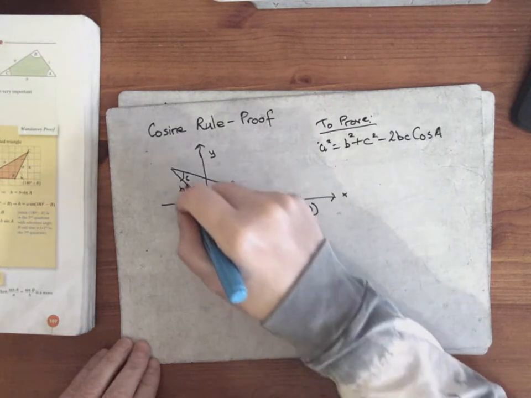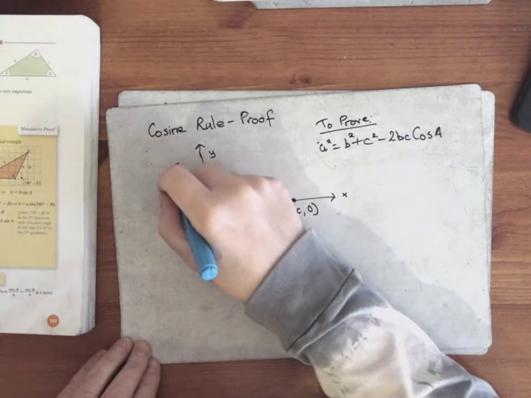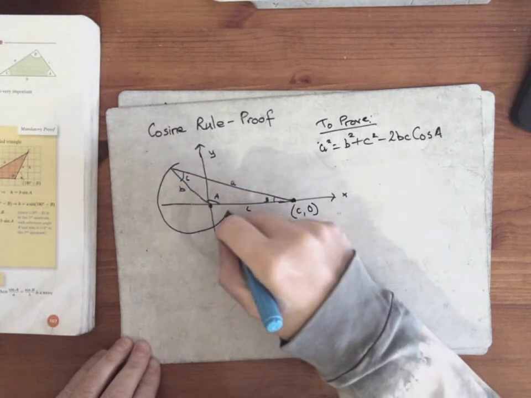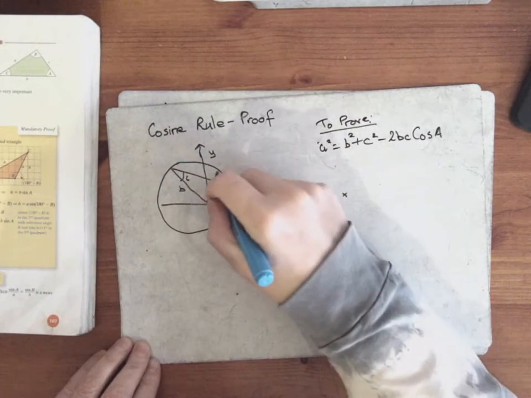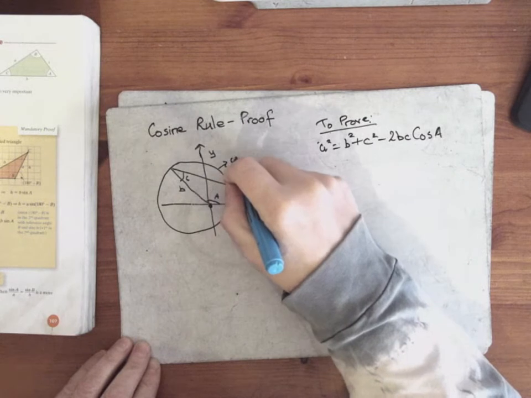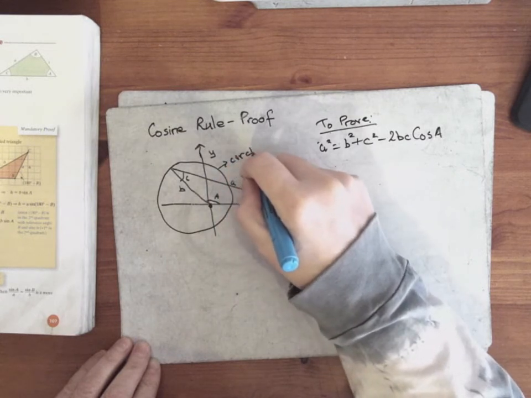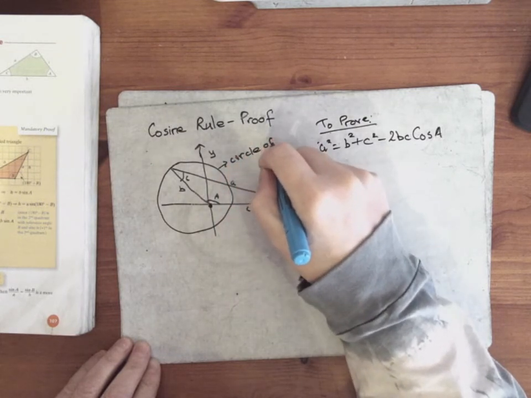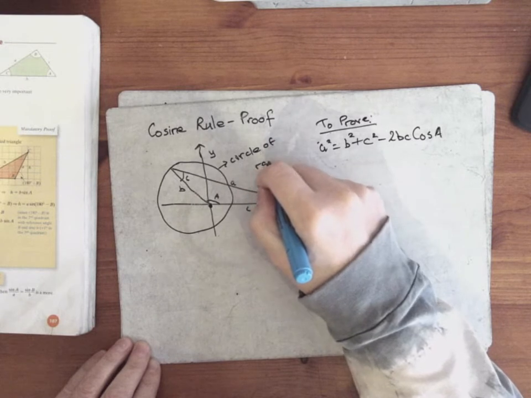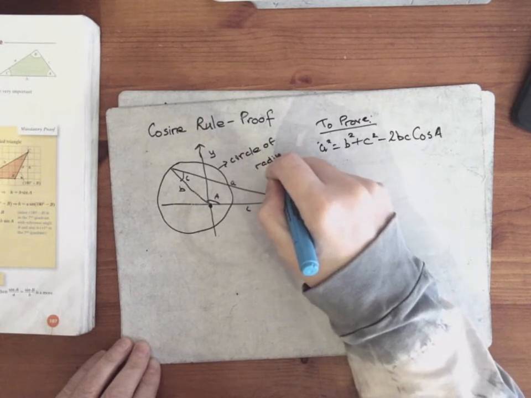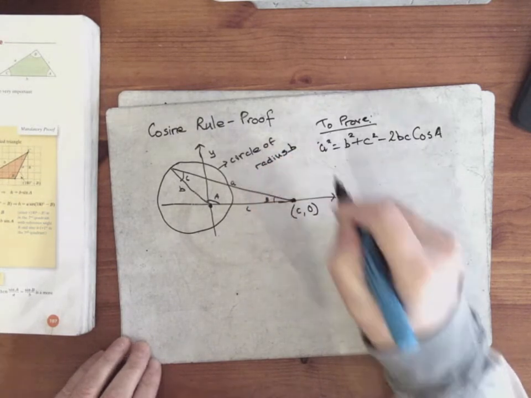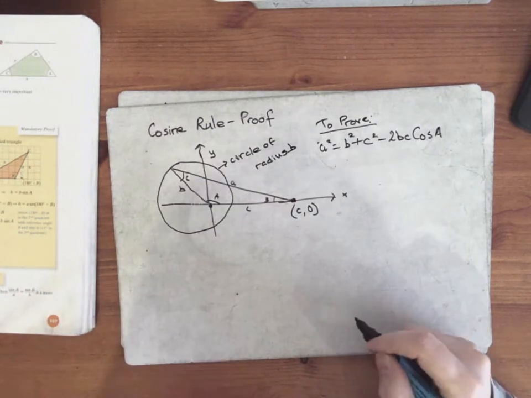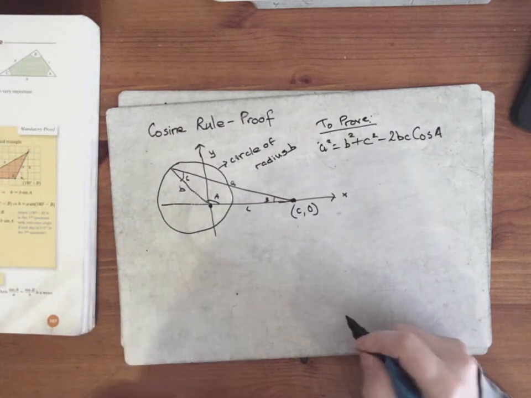Now, to get the coordinates at this point over here, I'm going to draw a circle with radius b. I'm going to draw down here now, don't draw this bit.